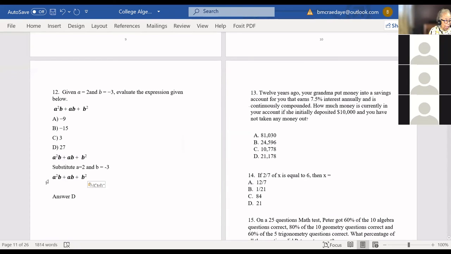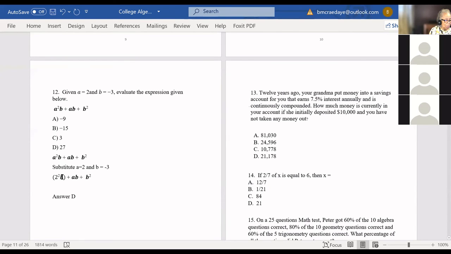Okay, so A is a 2. So let's put a 2 here. 2 squared. And B is a -3.